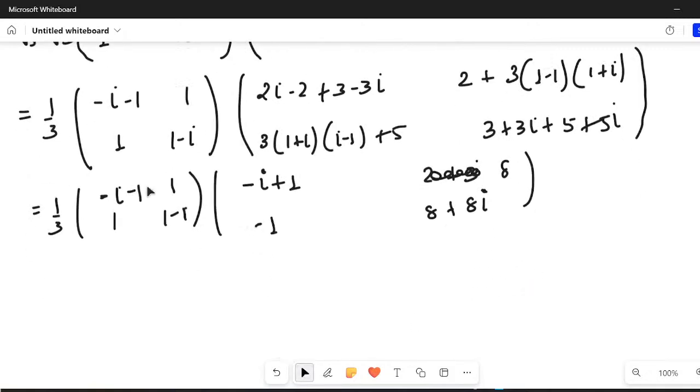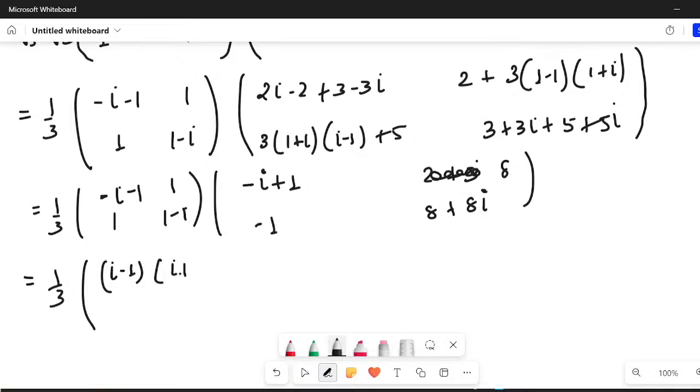Okay, now let us try to find the complete solution. This would be 1 plus 3. What would it be equal to? It would be equal to iota minus 1 into iota plus 1. And this would be minus 1. Then again minus 8 iota minus 8 plus 8 plus 8 iota. This I'll get minus iota plus 1 minus 1 plus iota.